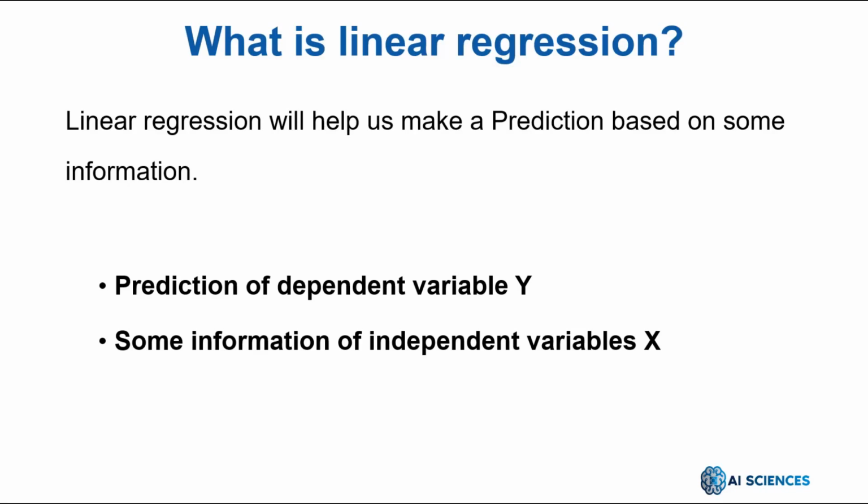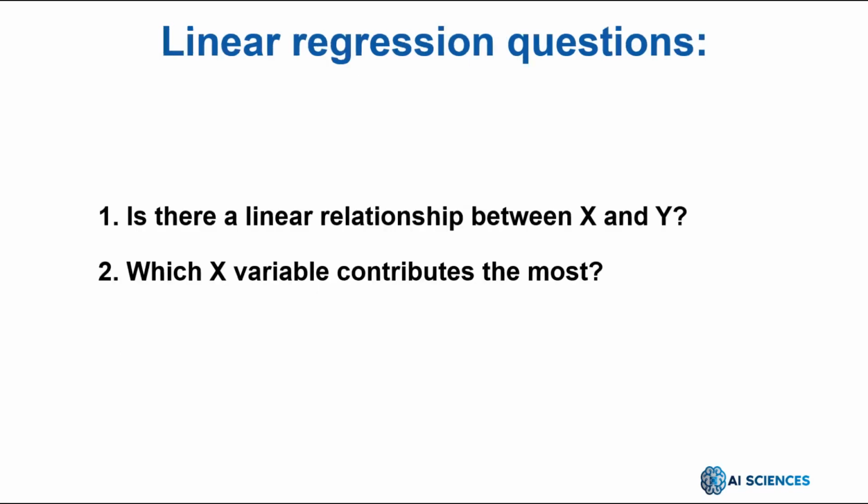We can say that linear regression will help us make a prediction based on some information. Prediction equals dependent variable y. Some information equals independent variables x. We use linear regression to answer the following questions. Is there a linear relationship between the two variables, x and y? Which x variable contributes the most?